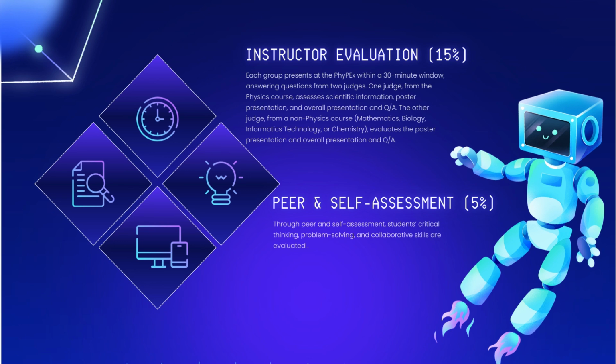The other judge, from a non-physics course, mathematics, biology, informatics technology, or chemistry, evaluates the poster presentation and overall presentation and QA. The inclusion of judges from other disciplines aims to enhance students' communication skills and confidence in explaining physics concepts.